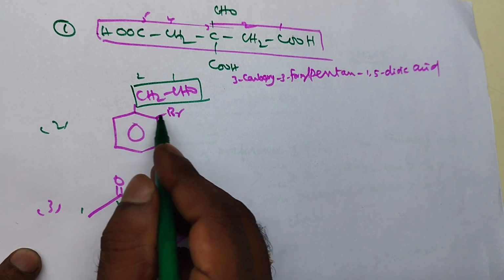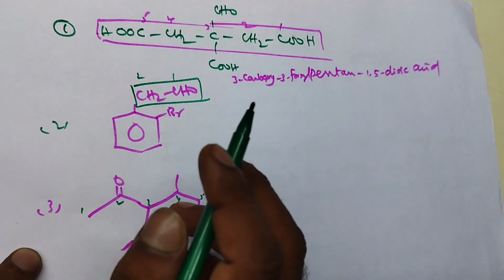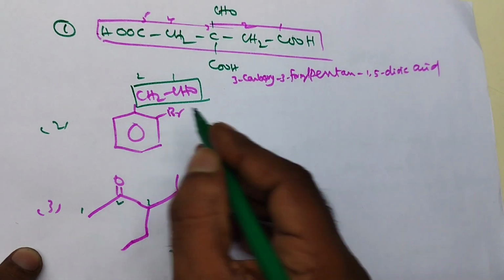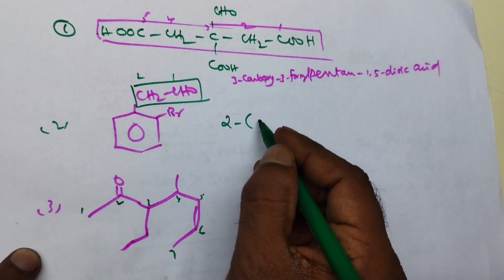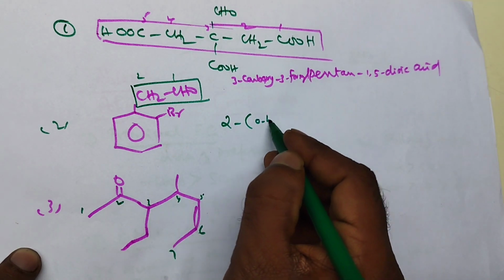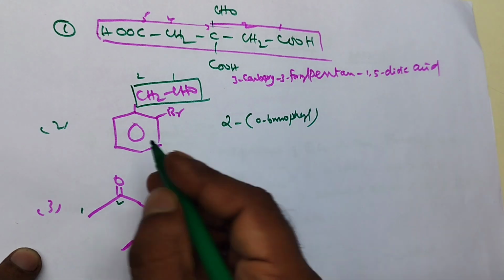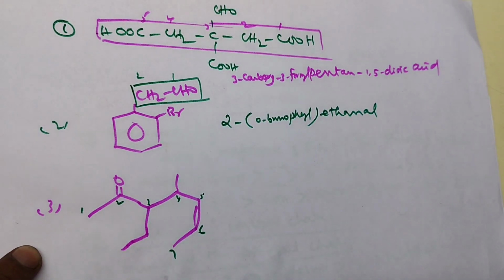With respect to this position, this is an ortho-bromophenyl group, so at position 2 we attach it in brackets: 2-(2-bromophenyl) ethanal. This is the correct IUPAC name for this second compound.